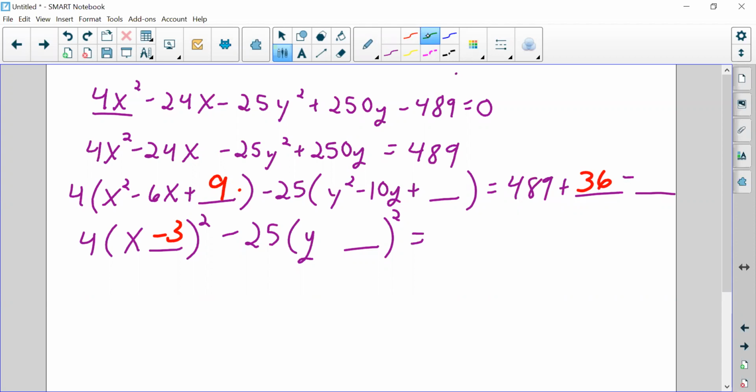So negative 10 divided by 2 gives us minus 5. Negative 5 squared, 25. Okay, 25 times a negative 25, 625. So that's that minus 625. Now I need to combine these terms, so figure out what 489 plus 36 minus 625 is.